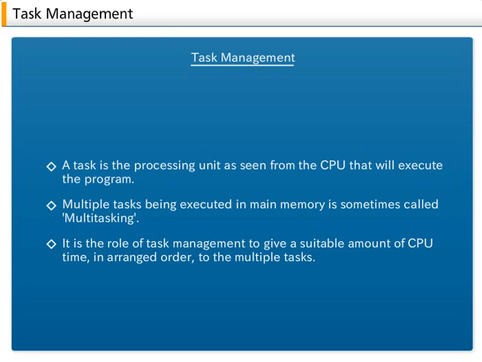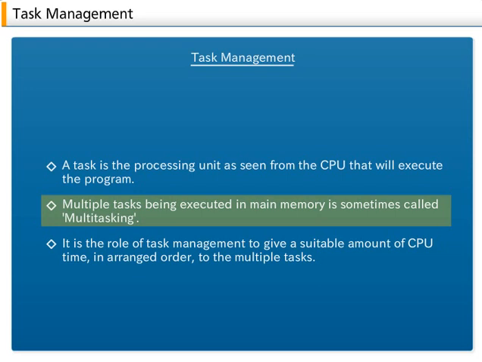Task management. A task is the processing unit as seen from the CPU that will execute the program. In multiprogramming, there are multiple tasks being executed in main memory, so it is sometimes called multitasking.